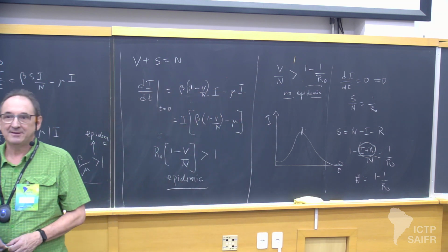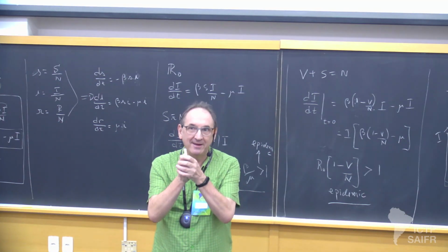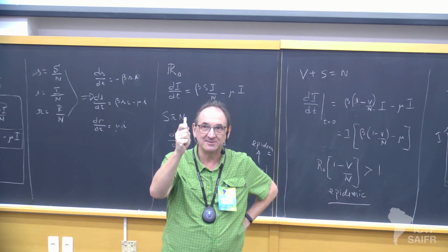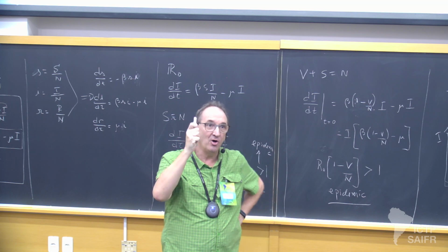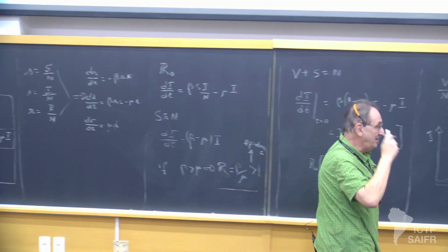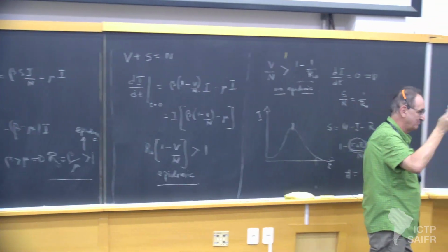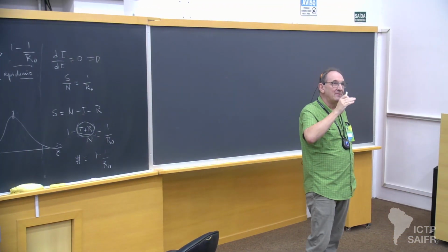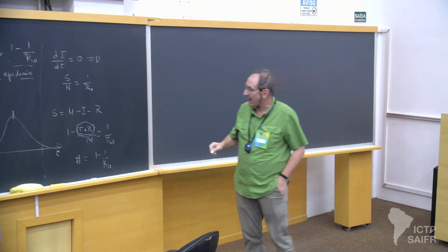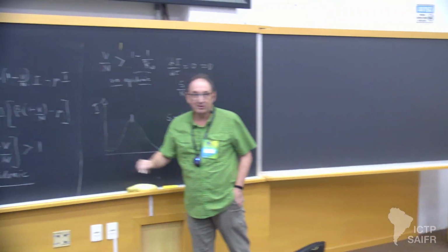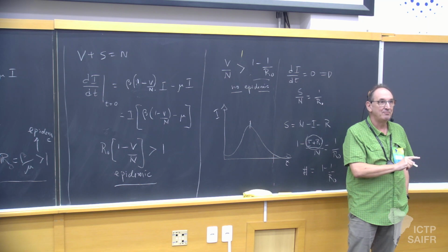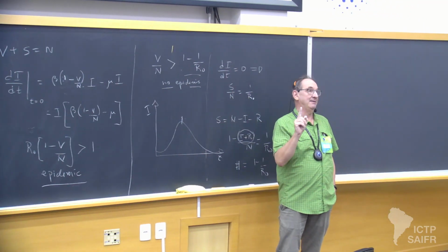Moreover, you don't know the number of active infections. You know the number of new cases per unit time. And the epidemic curve for I and for the incidence, which is the number of new cases per day or per week, the epidemic curves are not the same.